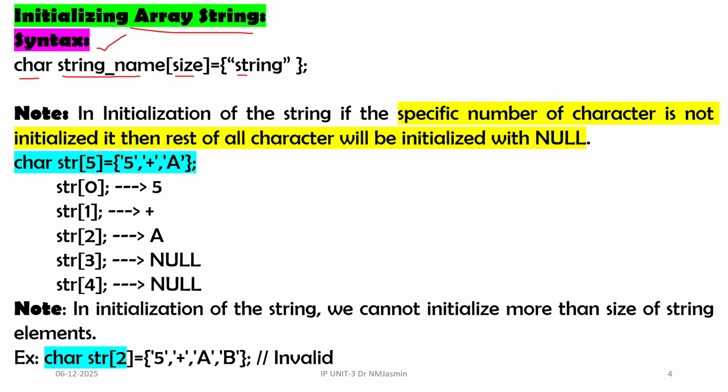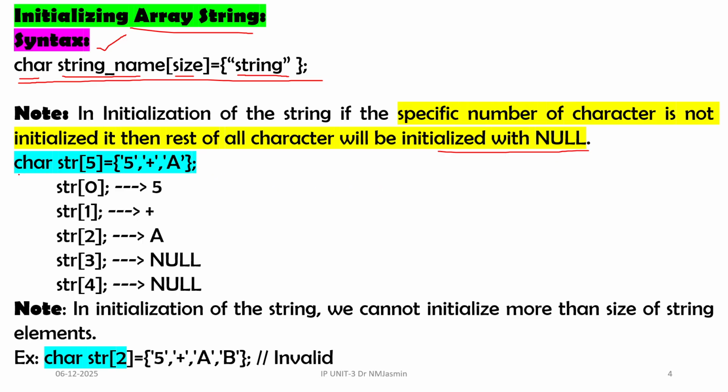That is called initialization. In the initialization of a string, if the specific number of characters is not initialized, then the rest of all the characters will be initialized with the null character. Let me give some examples. This is the syntax of initialization of an array. If the number of characters we give is not equal to what we declared, the remaining ones are filled with the null character, \0.